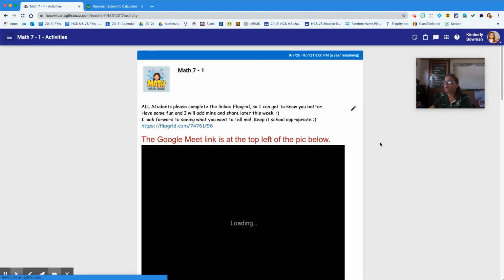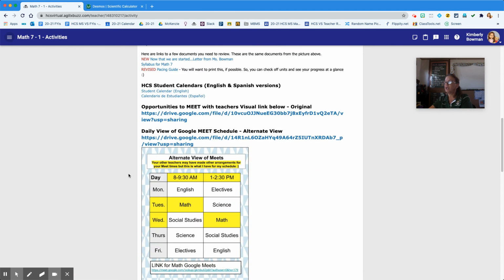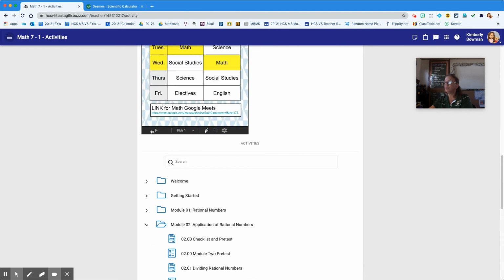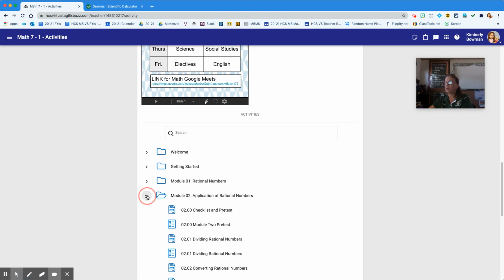Okay, you should be coming here. And on yours, there's a blue bar here that says activities and to-do list. Don't use the to-do list. That to-do list is misleading to you guys. What you should be doing is opening this folder and then working straight down through the assignments.